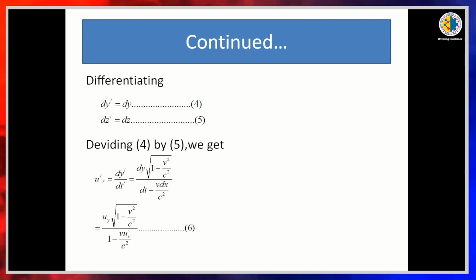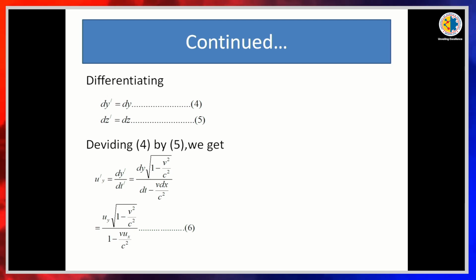Then we get u dash y, which is dy times root over 1 minus v square by c square divided by dt minus v dx by c square. Simplifying with uy symbolizing dy by dt, we get equation number 6.